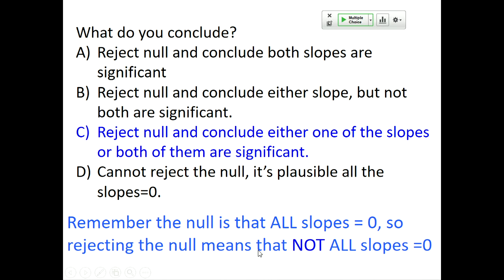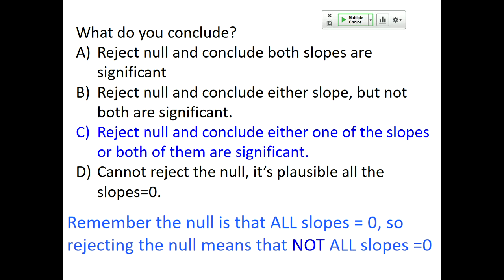So rejecting the null means that not all the slopes are equal to 0. At least one of them is not equal to 0. They don't have to all be not equal to 0. Does that make sense to everyone?